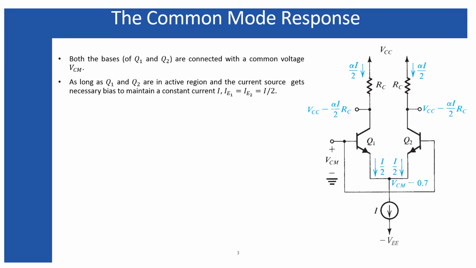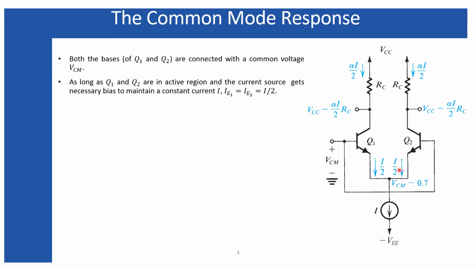Now, as long as this VCM is providing sufficient bias for this current source in order to maintain the constant current, as well as maintaining the active region for the transistors Q1 and Q2, then this common current I at the emitter will be used to bias both of these transistors at I by 2.